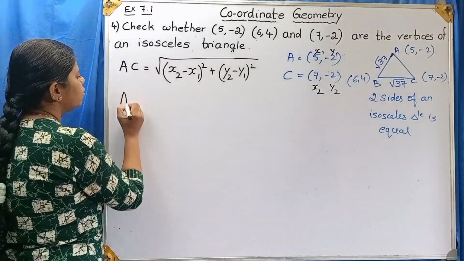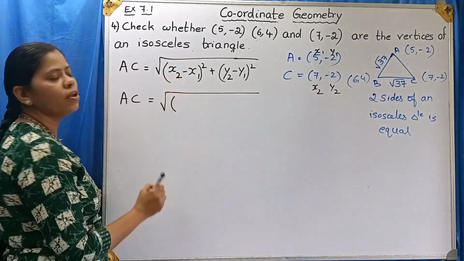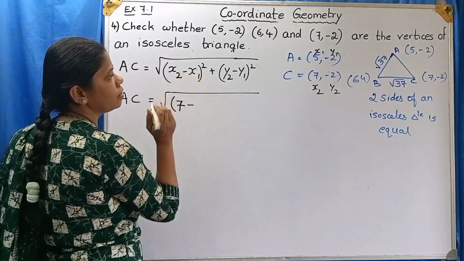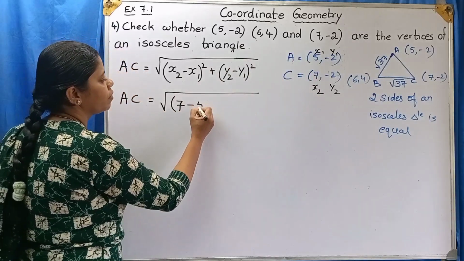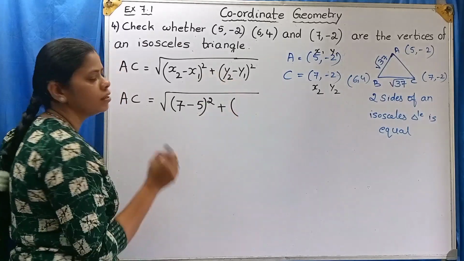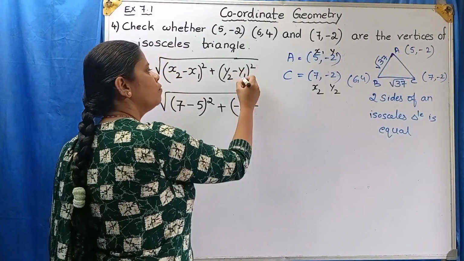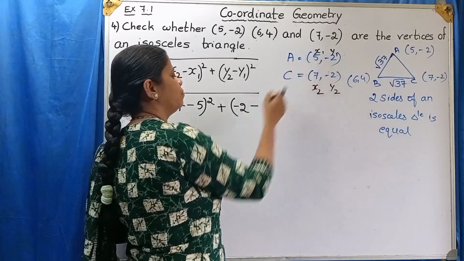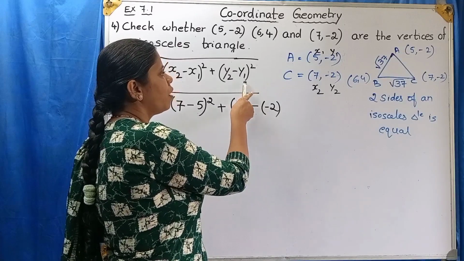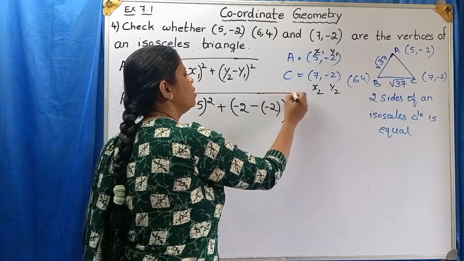AC is equal to the square root of (7 minus 5) the whole square plus (minus 2 minus (minus 2)) the whole square. See carefully, the value of y1 is minus 2, so let us take it in brackets.